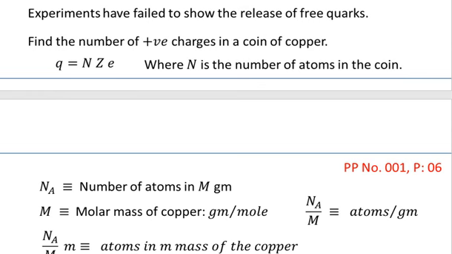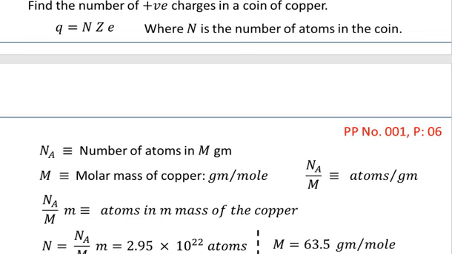Now let's solve this problem by using the Avogadro number, because Avogadro number is a quantity with which we can connect mass with the number of particles present on the atomic scale. So Na is the number of atoms in capital M gram of copper, and capital M is equal to the molar mass of copper, represented in gram per mole.